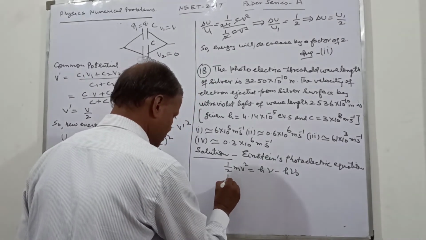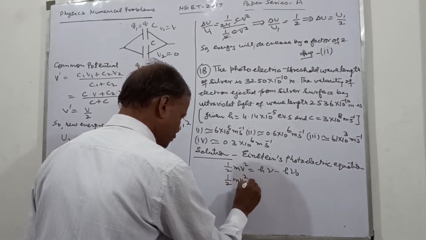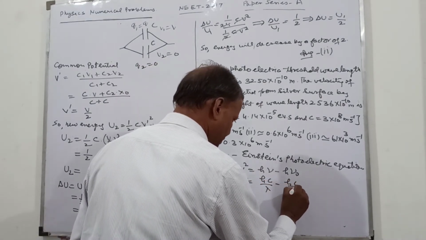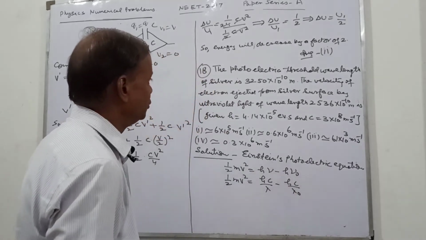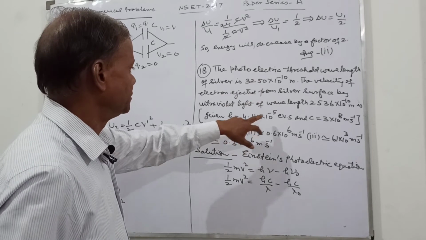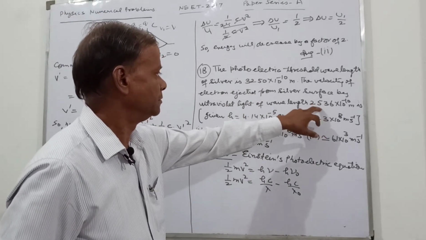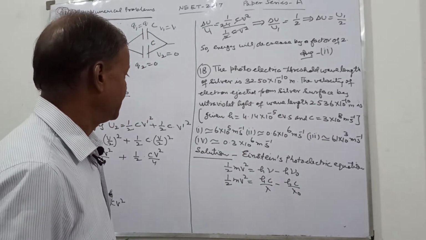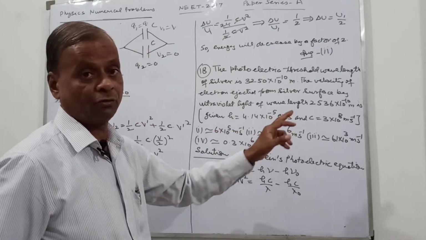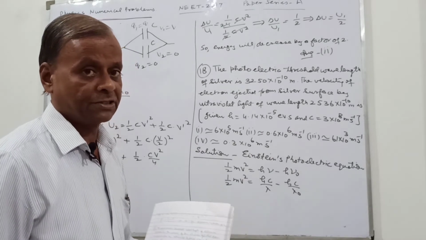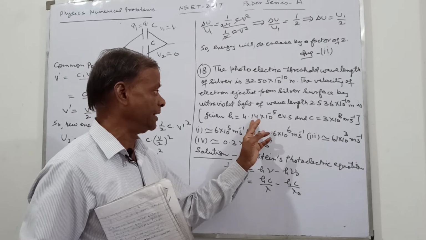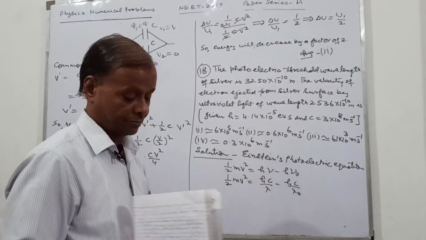So this half mv square equal to hc upon lambda minus hc upon lambda naught. This is the value of lambda naught, this is the value of lambda, this is given to us. But here it is given that H equal to 4.14 into 10 raised to the power minus 15 electron volt second. This is expressed in joule second, so joule has been converted into electron volt.